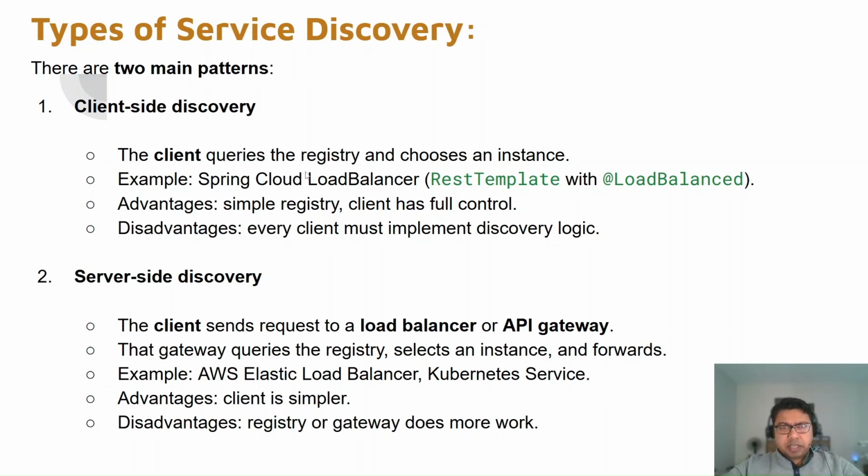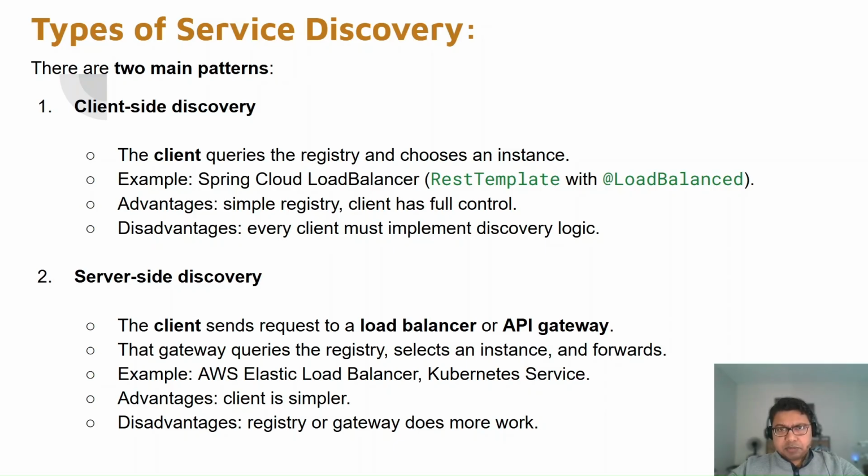Client does everything. All the headaches are with the client. So that is client side discovery. We'll be seeing in detail this client side discovery and then server side discovery in the next slide. And the disadvantage is every client must implement discovery logic. So now for this one, since the client is doing everything, there may be 40, 50, 60 clients, right?